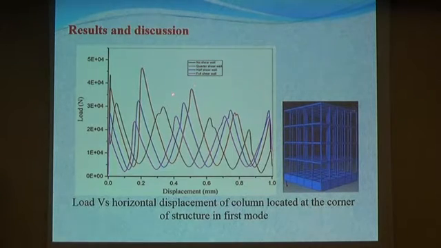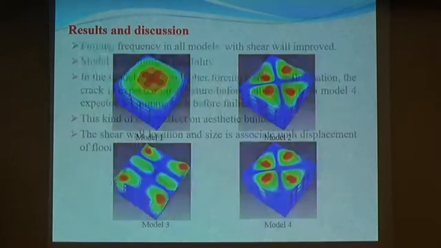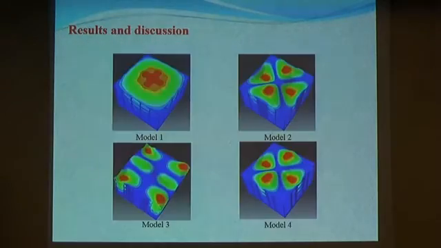A second point is that this kind of proposed shear wall is acceptable. In the second part of this paper, we have four models, and in all four models we have three different types of displacement over the full floor.